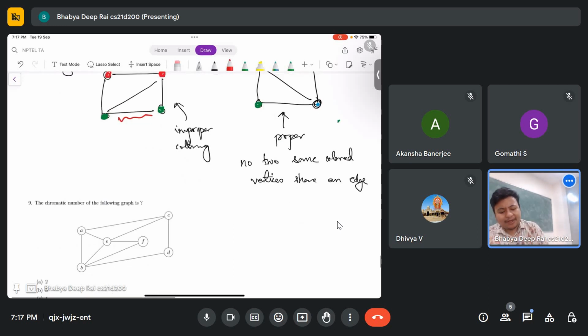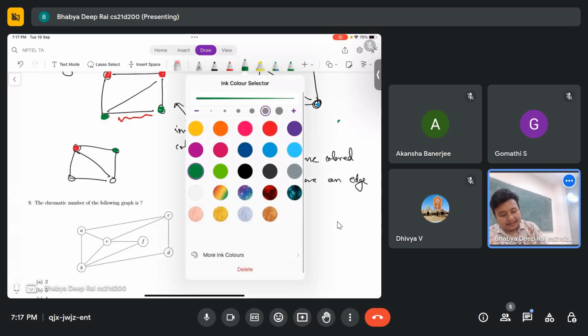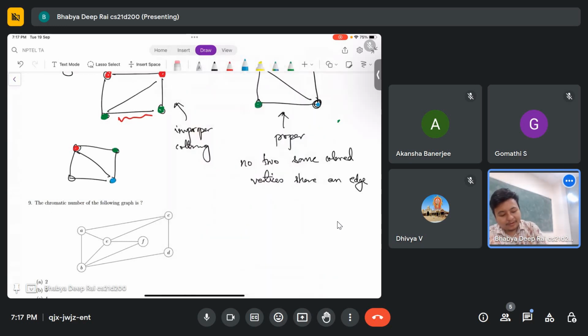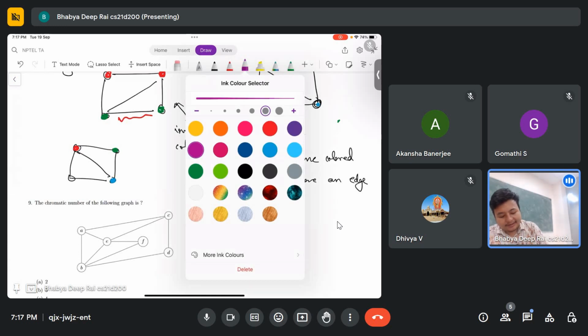So, well, you can always say, okay, what can I do? If I have a graph with 4 vertices, then I can color this red, I can color this green, and I can color this blue, and I can color this pink.